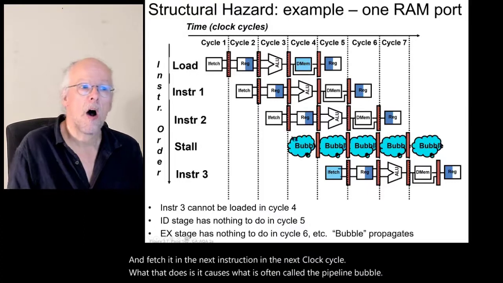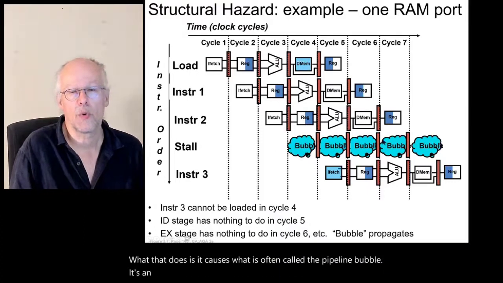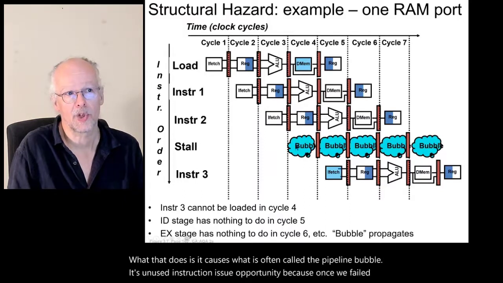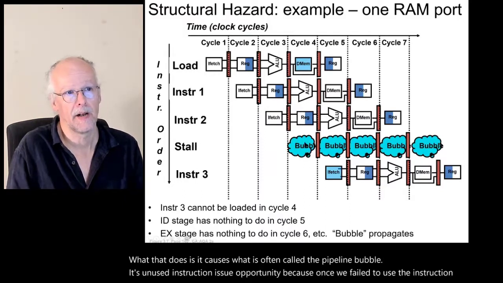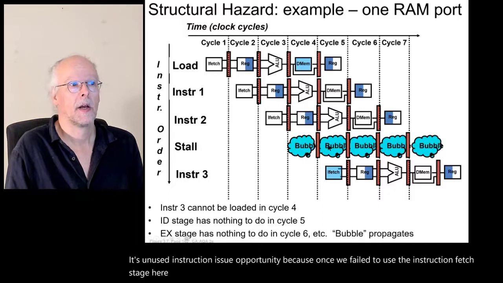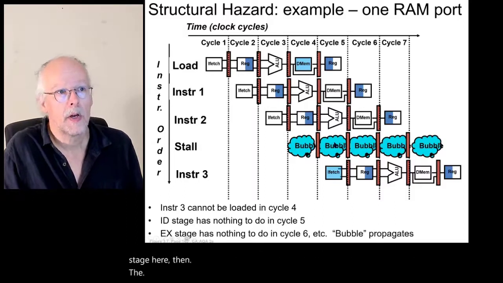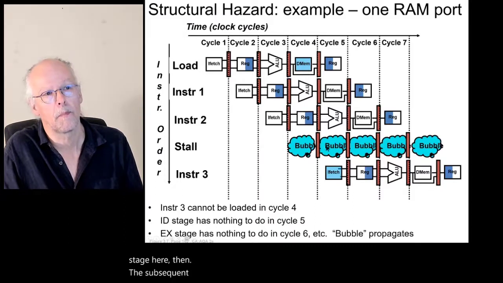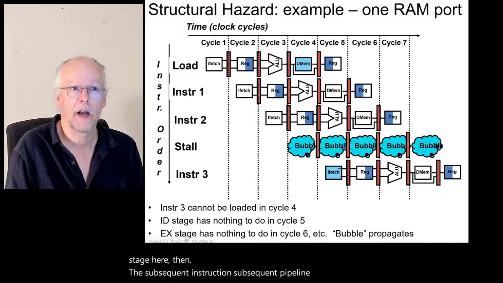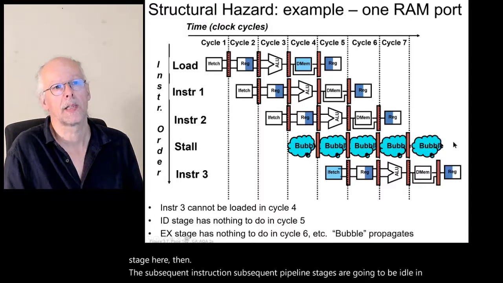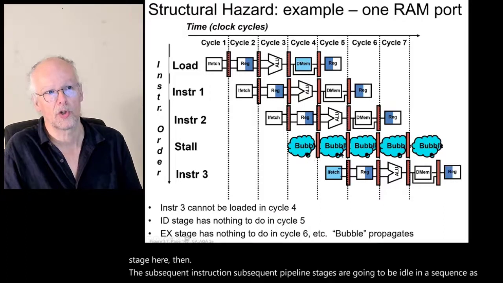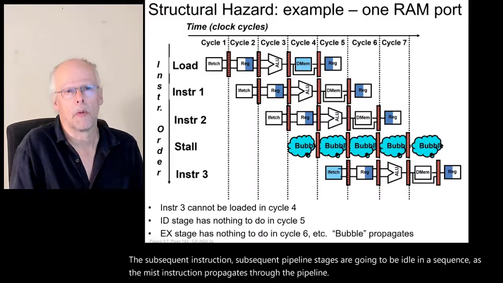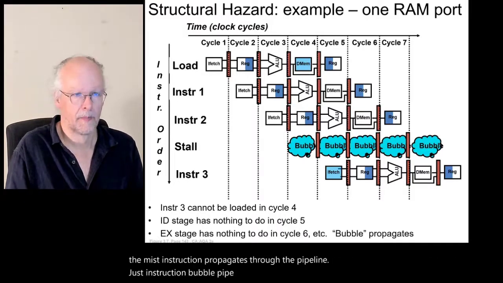It's an unused instruction issue opportunity, because once we fail to use the instruction fetch stage here, the subsequent pipeline stages are going to be idle in a sequence as the instruction bubble propagates through the pipeline.